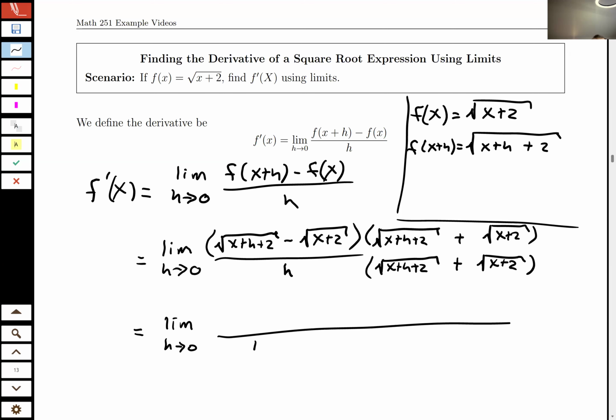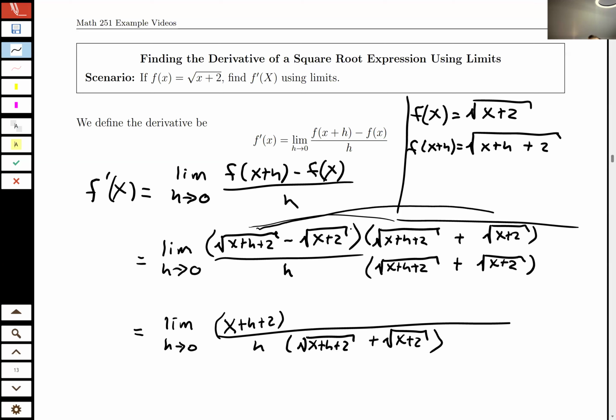I have h times the square root of x plus h plus 2 plus the square root of x plus 2. If I multiply out the top and I FOIL, these first two square roots are going to cancel and leave me with x plus h plus 2.